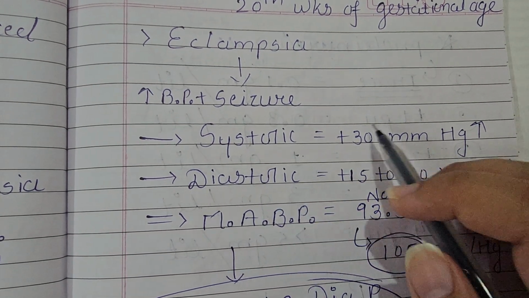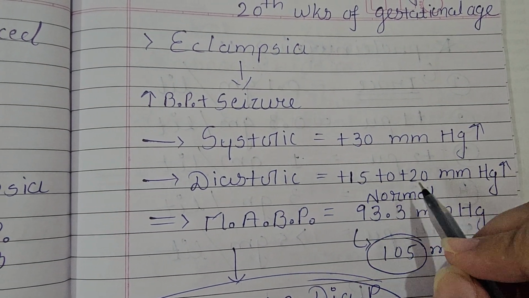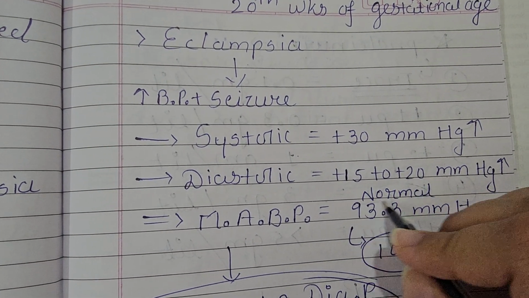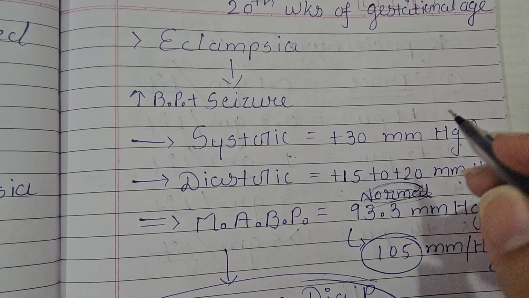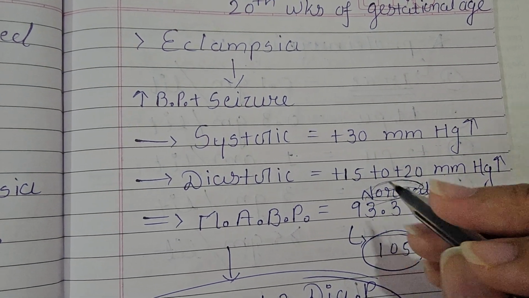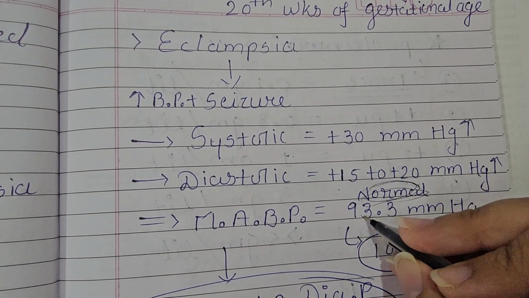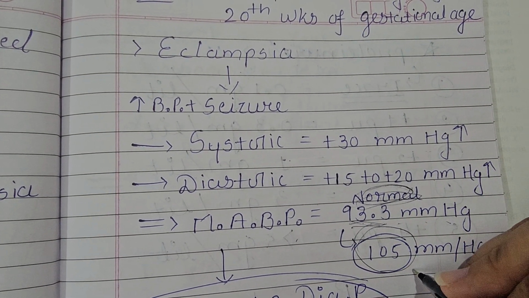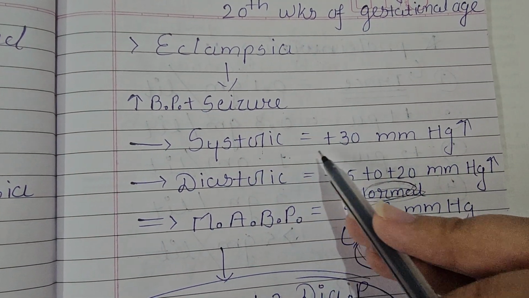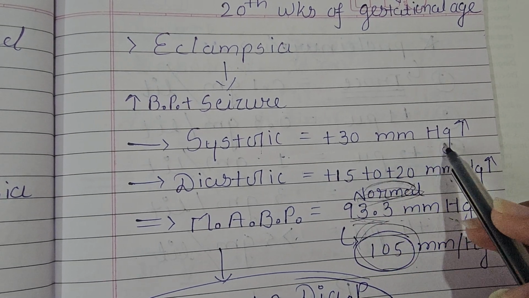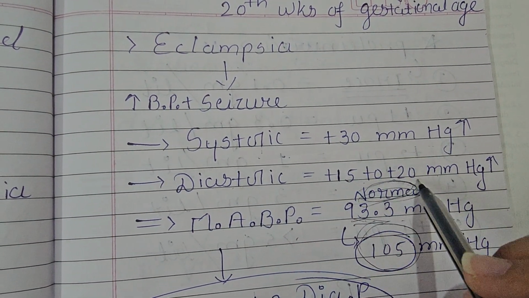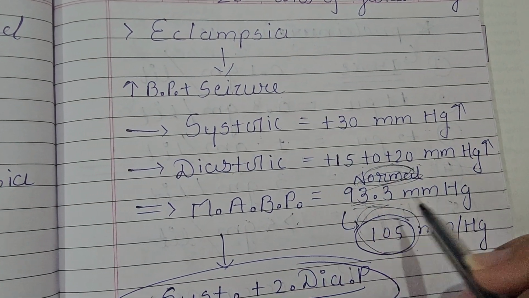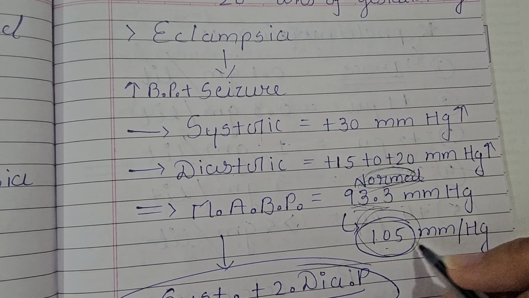In diastolic, it will be plus 15 to plus 20 mmHg. In normal condition, mean arterial blood pressure is 93.3 mmHg, but in preeclampsia it is up to 105 mmHg.